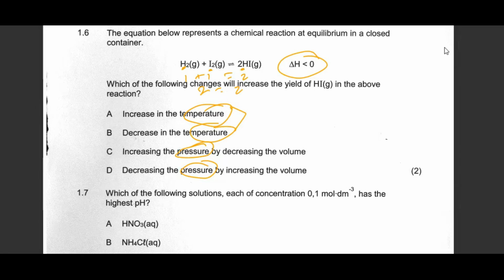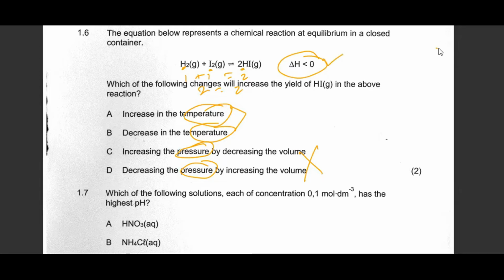But because the left and the right side both have the same number of moles, automatically it means that pressure will not affect that reaction. So where there is pressure, we mean that those two options are out. So our answer must be either A or B. Now when you go to temperature, what are you looking for?